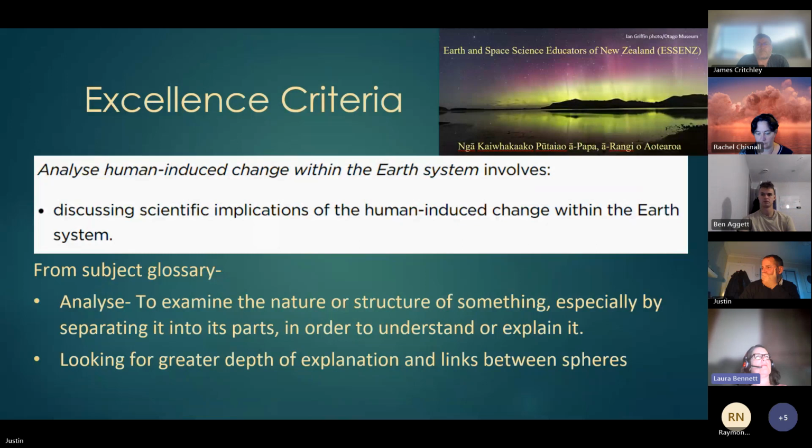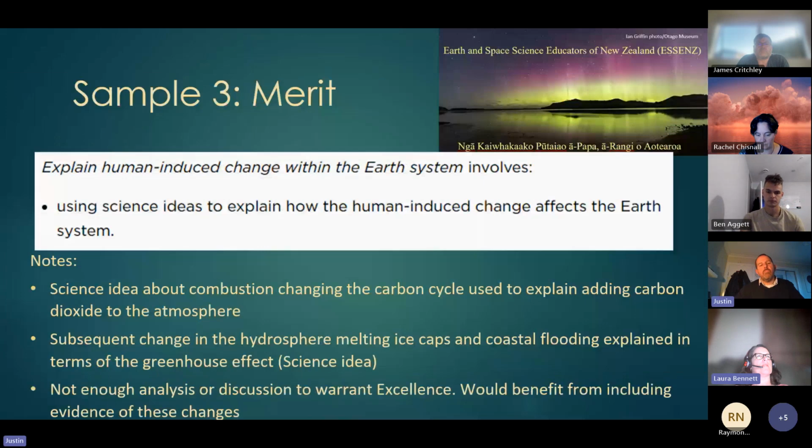But it said that the greenhouse gases trapped it to prevent it escaping back to space, which warms up the atmosphere, and then when the temperature in the atmosphere increases, the Earth's ice caps melt, and so on. So isn't that a link? For excellence, the standard was linking the two spheres. So isn't that doing that? But do you think that's excellent enough for that?